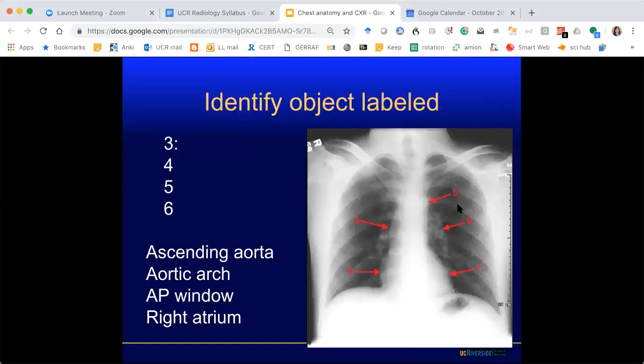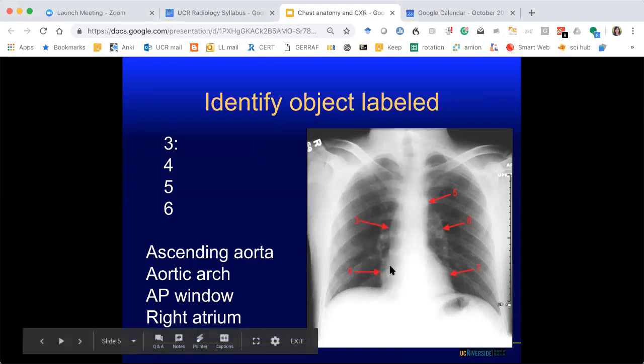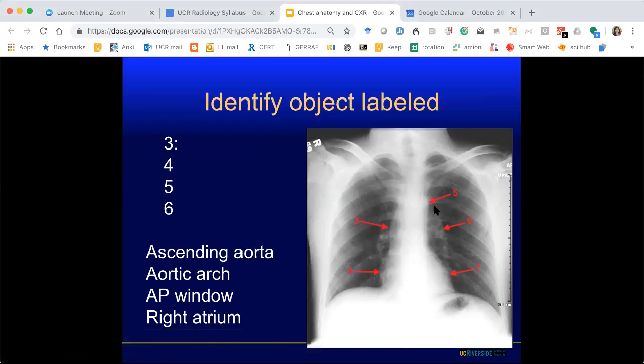Identify the objects labeled 3. What's 3? Aorta, aortic arch, epicardial window, atrium. Ascending aorta, okay. And then what do we think 4 is? Atrium, okay. And number 5? Arch.